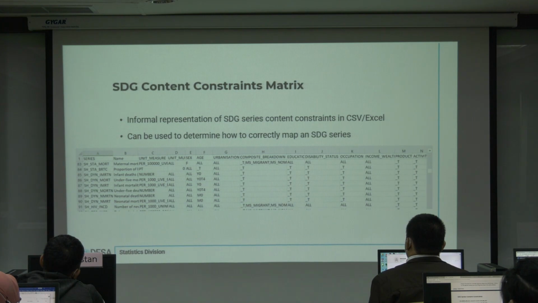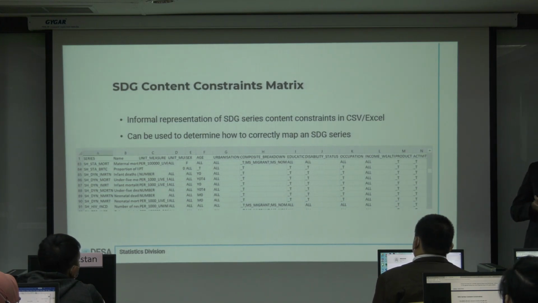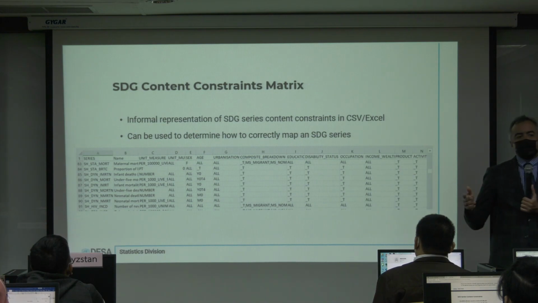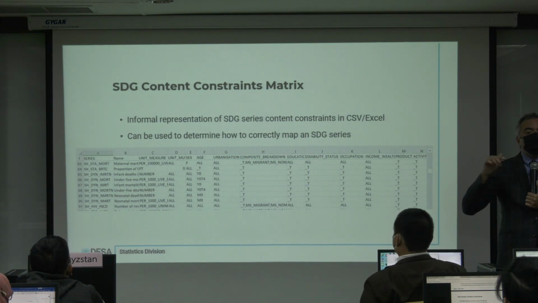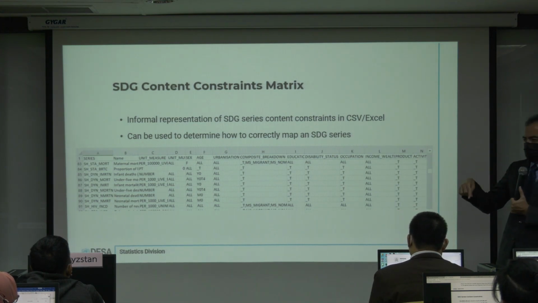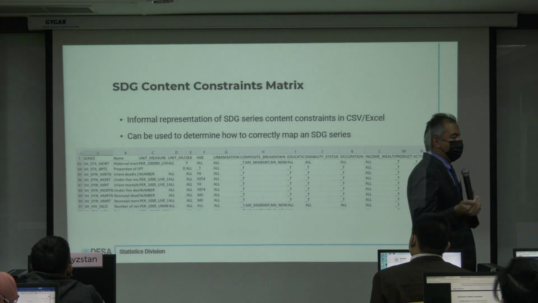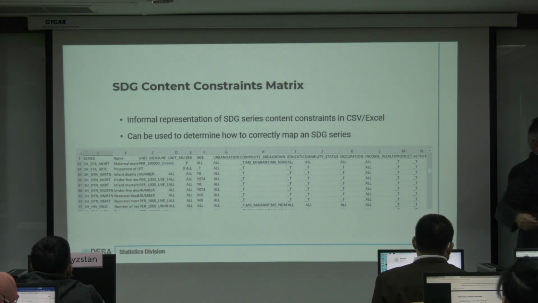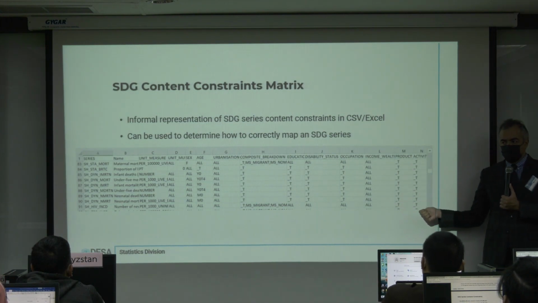This is very important because it allows you to validate your data before you publish it. What used to happen, before these content constraints were available, is people would map their series and convert their data to SDMX, but when they uploaded the data to SDG Lab, they had errors. It's because the content constraints existed in the SDG Lab, but they were not in SDMX, so you couldn't see them.